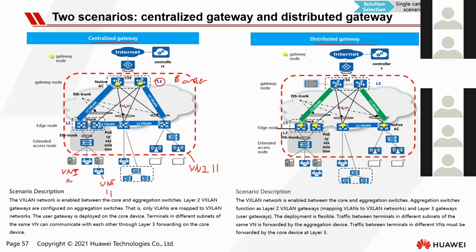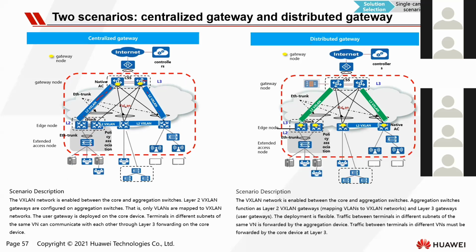Whenever the device in VNI 10 wants to communicate with the device in VNI 11, it will pass through the VXLAN tunnel, go to the Layer 3 gateway, and then go back to VNI 11. Similarly, if it wants to communicate with the device here, it will also pass through the Layer 3 gateway on the border. This is what centralized gateway means: all the gateways are deployed at the border.